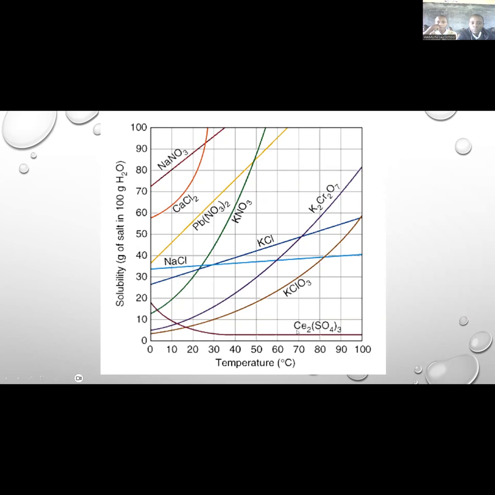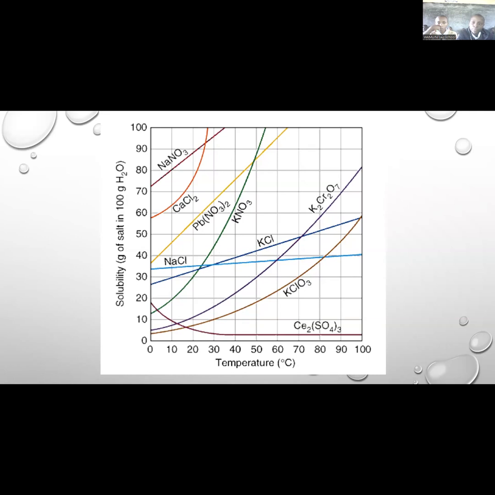Here's something unusual. This is cerium sulfate, cerium 3 sulfate. If you look at it, its solubility drops with temperature. That's interesting. That's unusual. All of the other ones are going up. Some are going steeply, some less steeply, but they're all going up. So most solids go up, some don't.